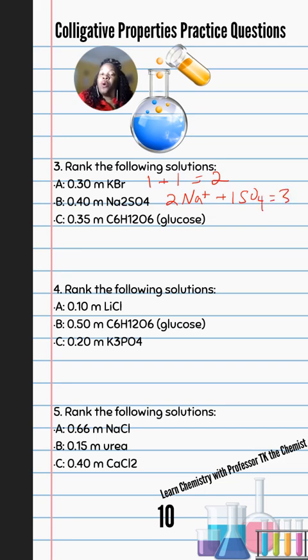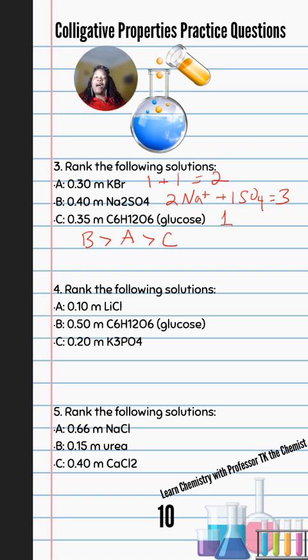So 2 plus 1 is 3. And then finally, glucose is equal to 1 because it does not dissociate in water. So therefore, you're going to end up with letter B having the highest boiling point, followed by letter A, and then letter C. It's that simple.